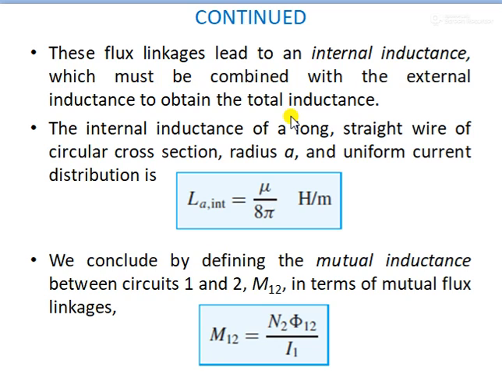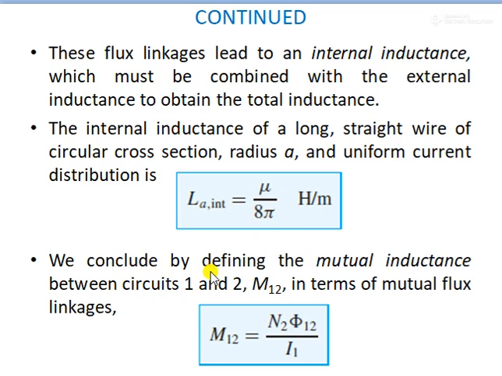We have to combine both to get the total inductance. Now the internal inductance for a straight wire of circular cross section of radius a and uniform current distribution is L internal equal to mu by 8 pi.